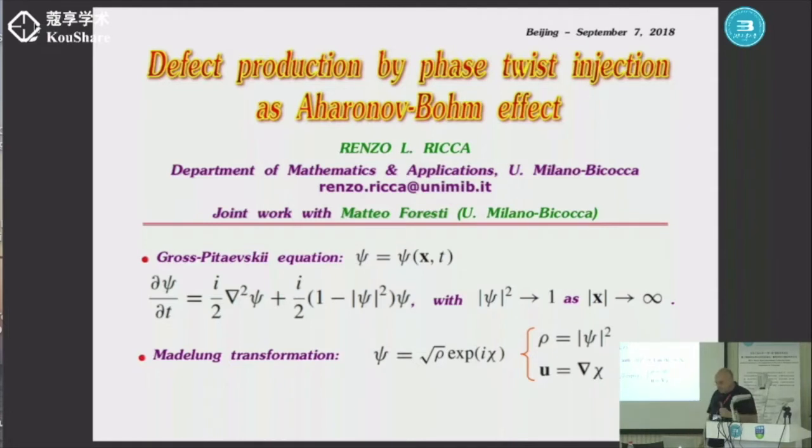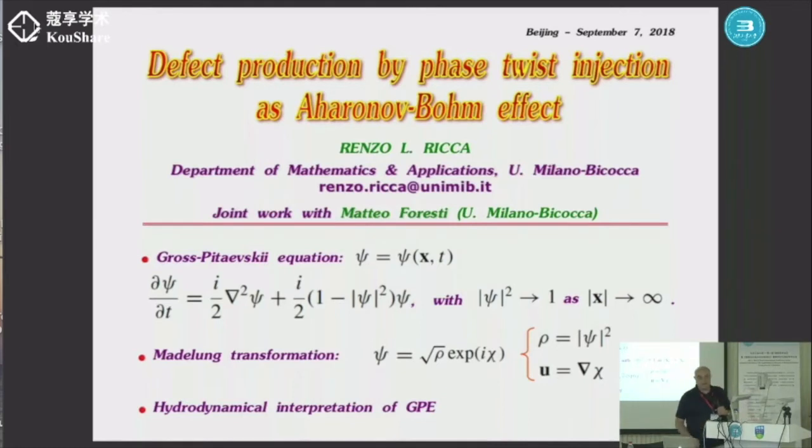So by doing this mapping, we can rely on a hydrodynamical interpretation of this equation.